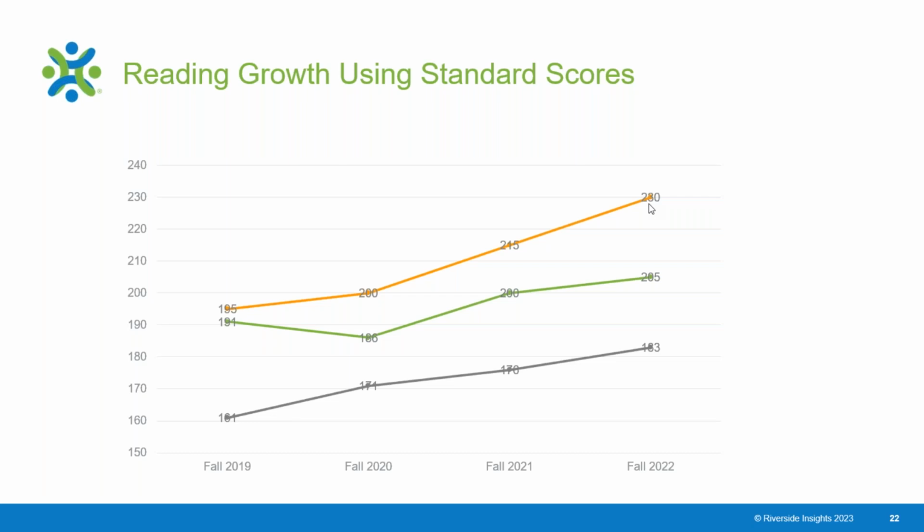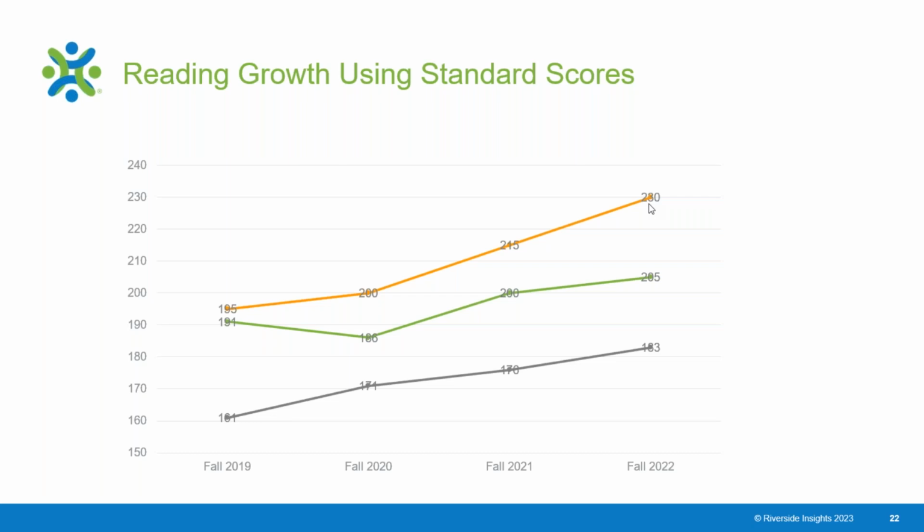A couple of other points while we're looking at this graph that are useful and important to understand about standard scores. Standard scores are the metric that we've been using to try to track student performance before, during, and after the pandemic.